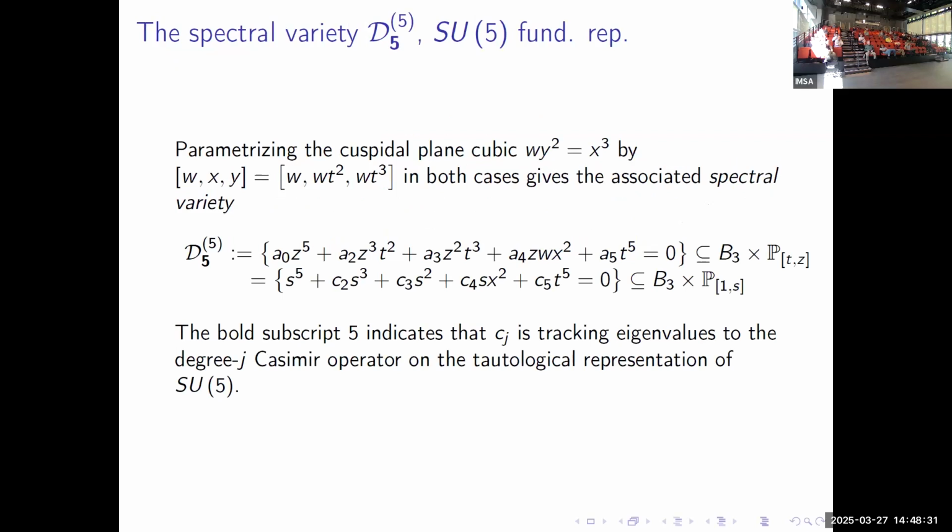And the places where it has singularities, or where it can have singularities, I guess, are parameterized by what you get by simply restricting the Tate form to the parameterized cusp.